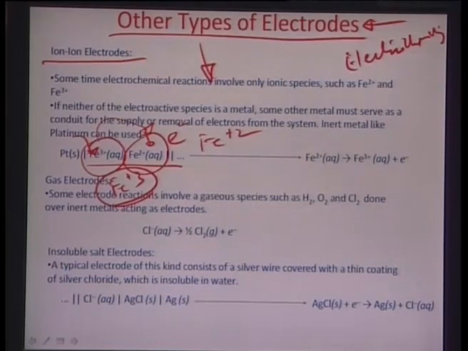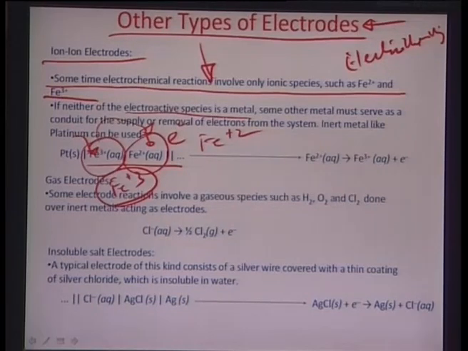So sometimes electrochemical reactions involve only ionic species, such as in this case the +2 and +3 forms. If neither of the electroactive species is a metal, we need something to provide the connectivity. In this case we use an inert metal, platinum let us say, which acts as a conduit for picking up the electron from the anode side and placing it onto the cathode side.